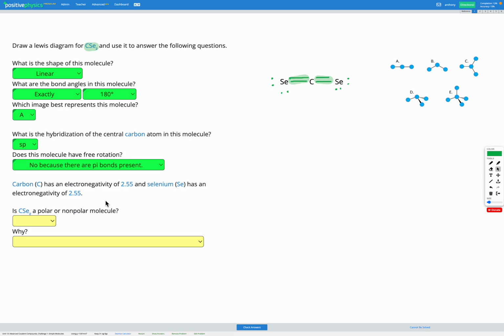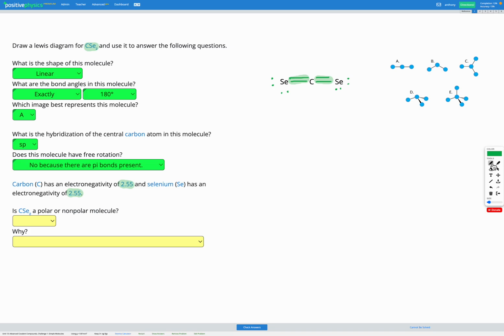Lastly, we're looking at our electronegativities of our elements. It tells us carbon has an electronegativity of 2.55, and selenium also has an electronegativity of 2.55. So it's asking us, is this a polar molecule? So we've got 2 steps to that. Step 1 is asking us, are the bonds between these atoms going to be polar?